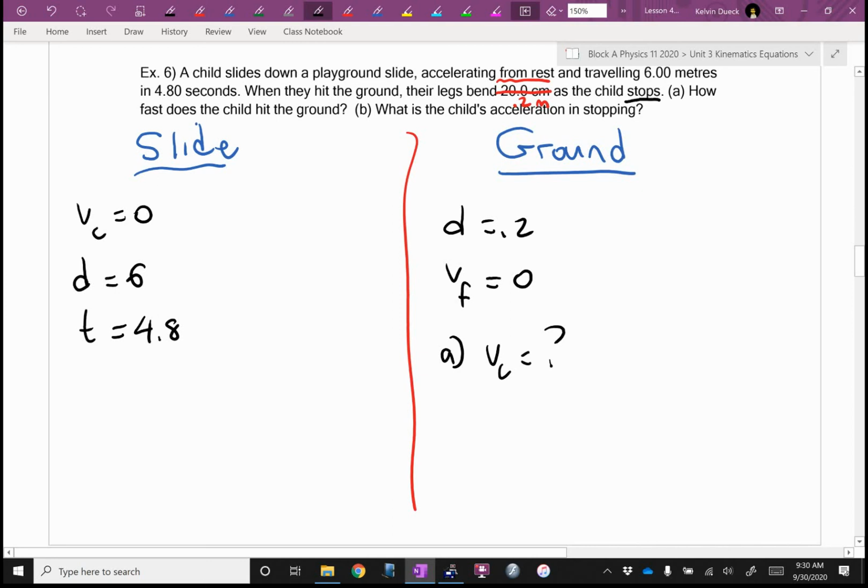By the way, this is a tough question. Don't kid yourself. Why is this impossible right now? How many things do I know? On the ground side, how many things do I know? I need 3 to find the 4th. There's a candy if somebody can tell me how I can do this. What was that? Which one am I going to use from the slide?